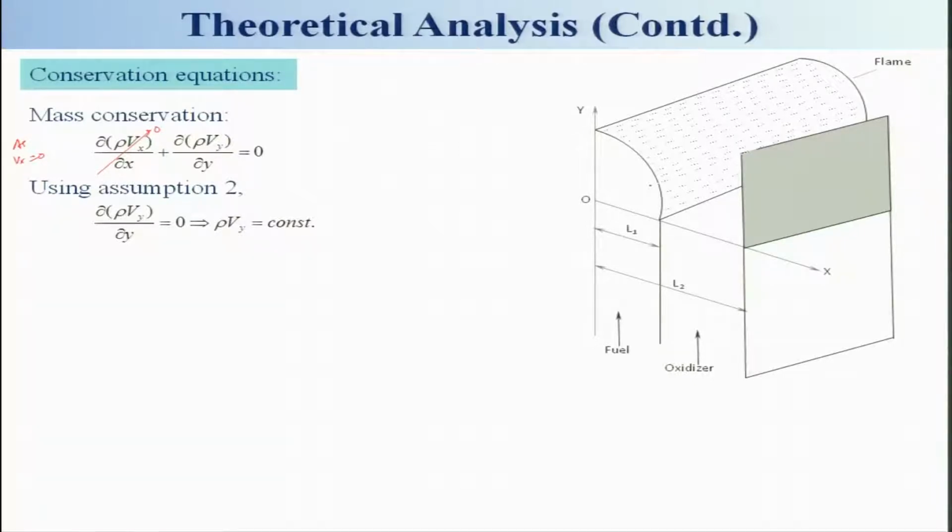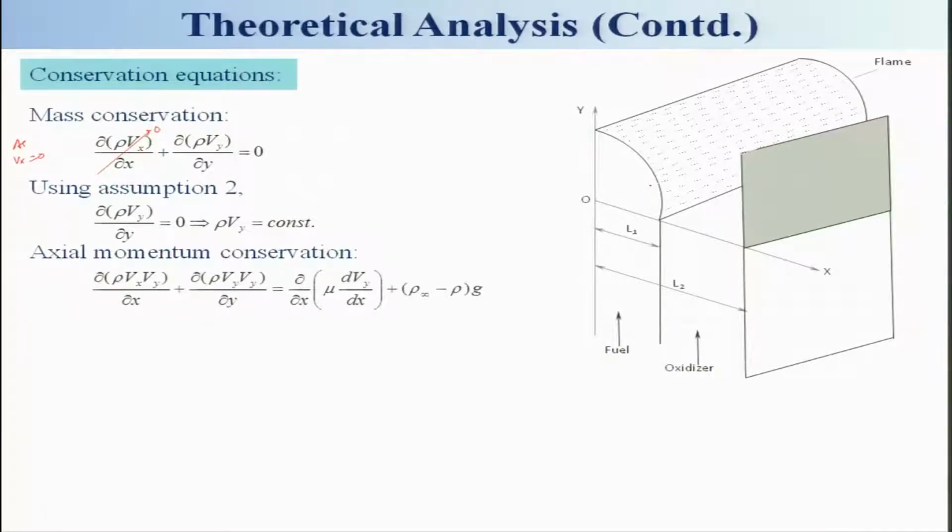And we will look at the y momentum, because the x momentum is already 0, so we are not considering it. The axial momentum we are considering along the y direction is ρVx ∂Vy/∂x plus ρVy ∂Vy/∂y equal to ∂/∂x(μ ∂Vy/∂x) plus (ρ∞ minus ρ) times g.